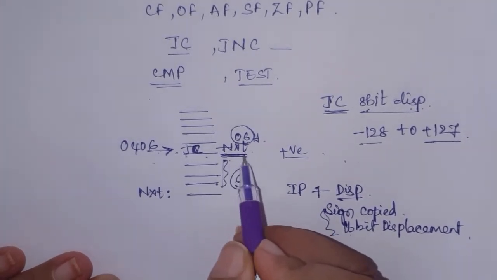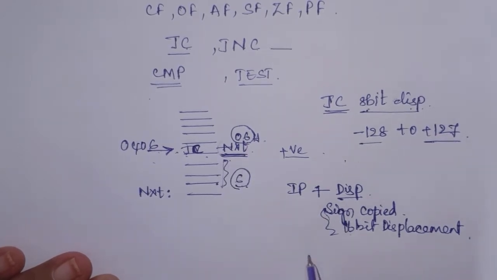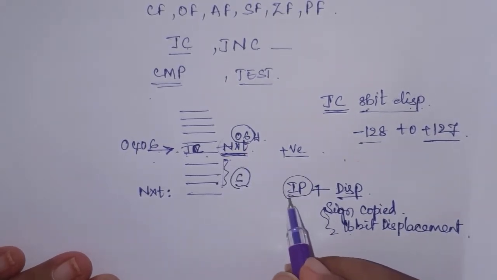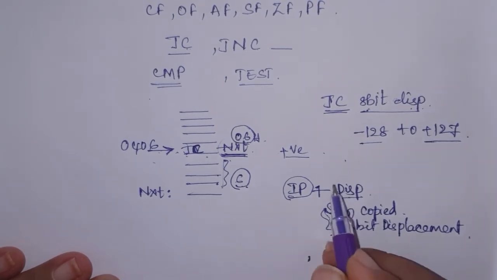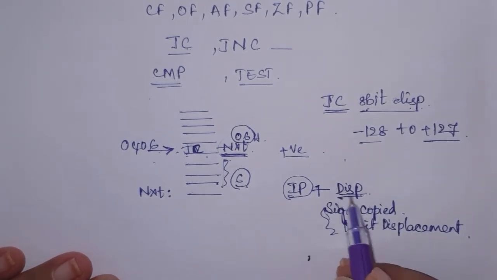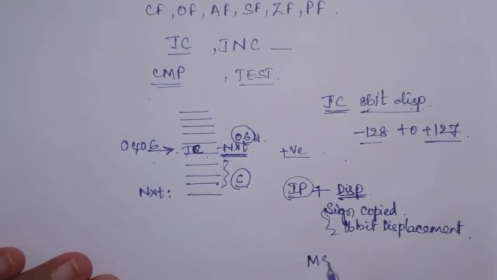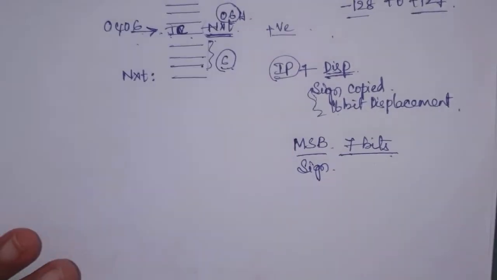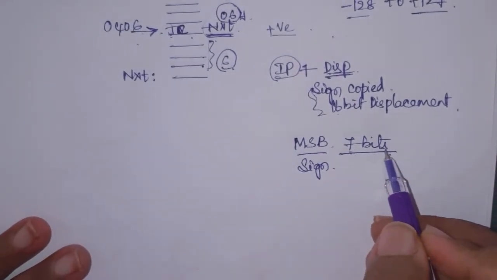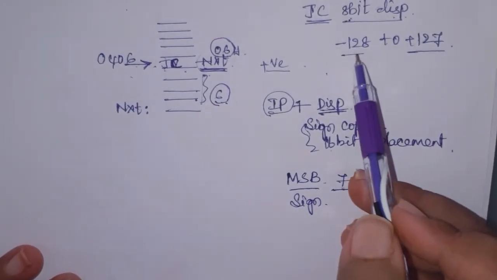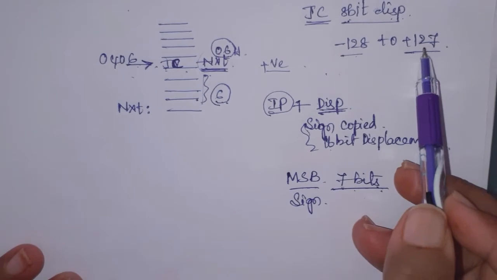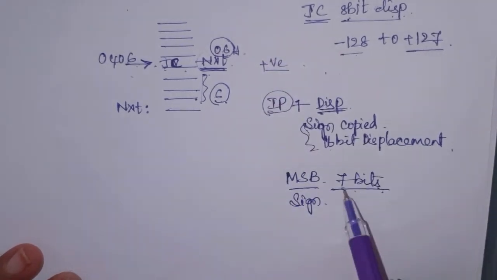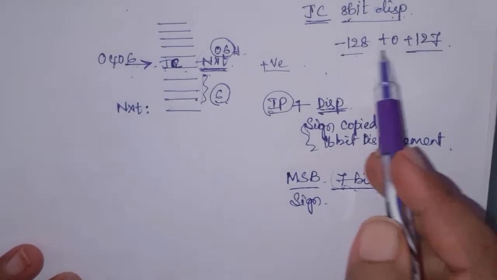What we are specifying here is 8-bit, but we are adding it to the 16-bit register, so this should be converted to 16-bit. In the 8-bit displacement, the most significant bit represents the sign. There are 7 more bits to specify the magnitude of the displacement. That is the reason why the displacement can only go this many bytes forward or backward, because only 7 bits are there for the displacement magnitude.